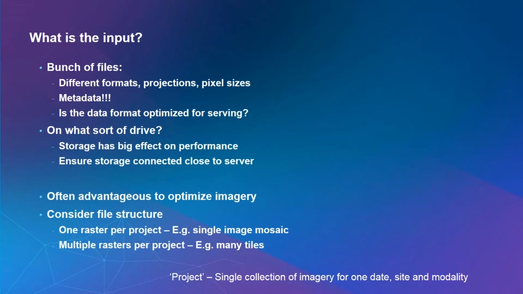So, as I mentioned, it's sometimes advantageous to actually optimize the imagery. The other thing to do is to understand what the file structures of the data are. And typically you will find two ways the data is structured. In some of them, especially in the mining industry, you may have one raster per project. It's quite likely that the organizations that have delivered you the data have already mosaiced the data into a single image that covers that whole site.